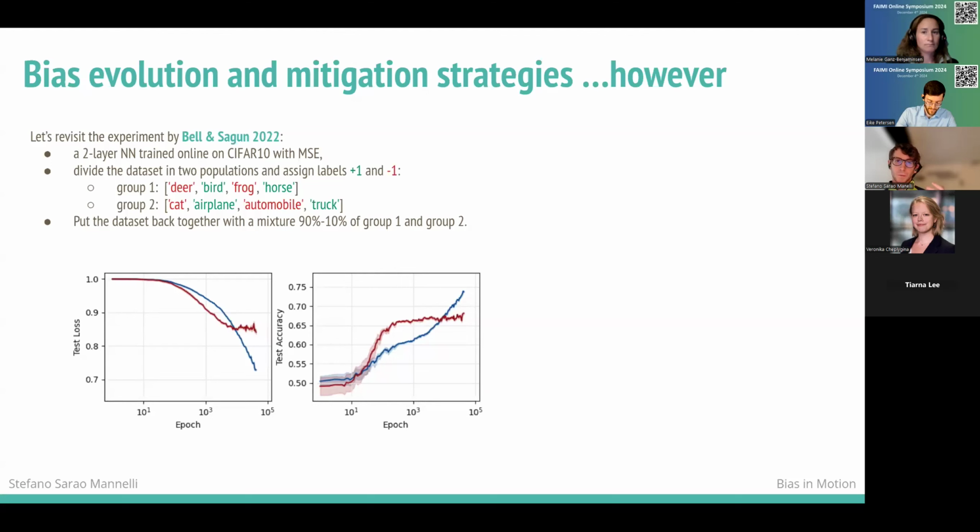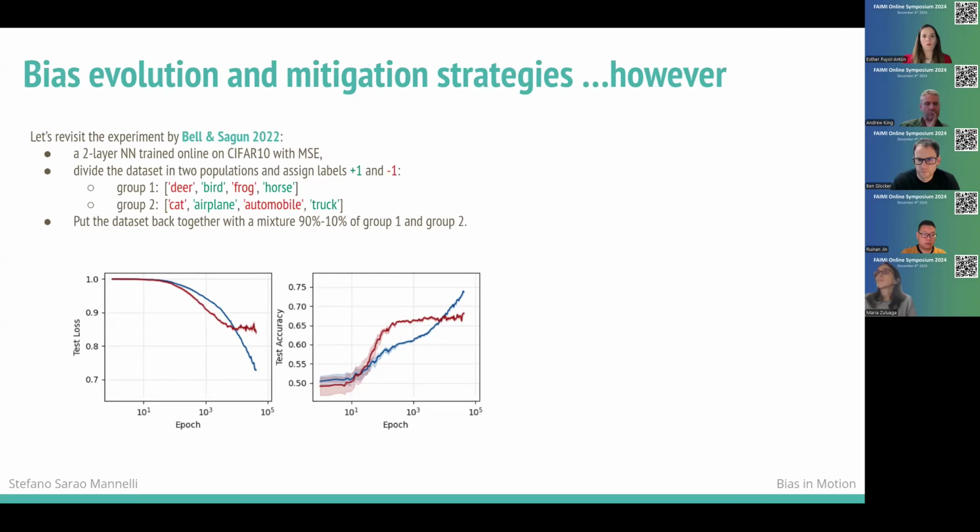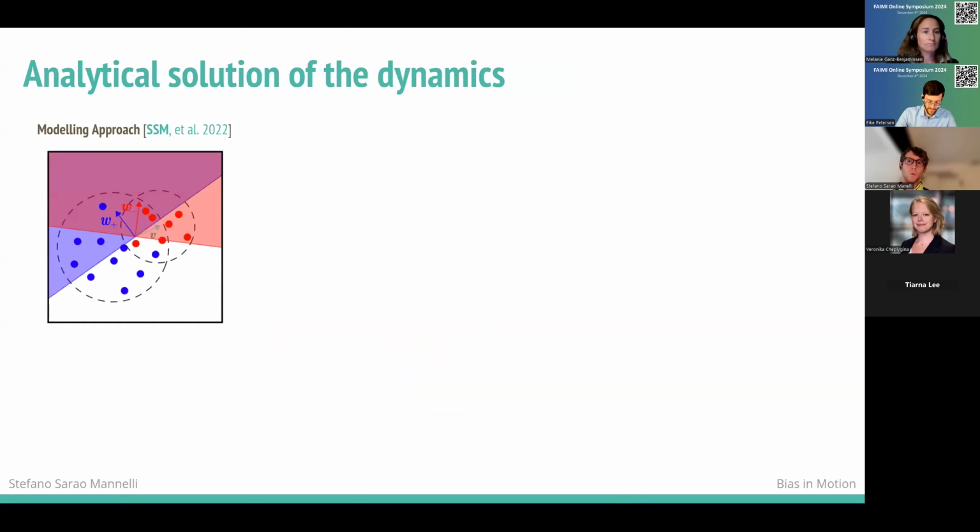In order to understand why exactly this phenomenon is happening, we started with a modeling approach. We created a synthetic model where we can control all the variables, that is quite simple to understand and also to analyze.